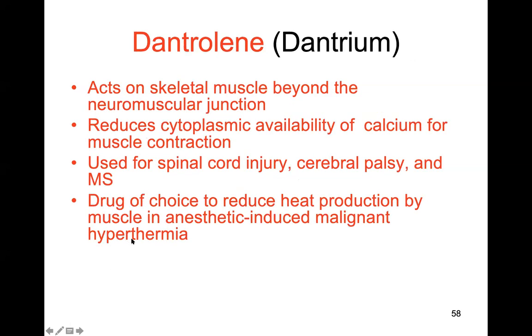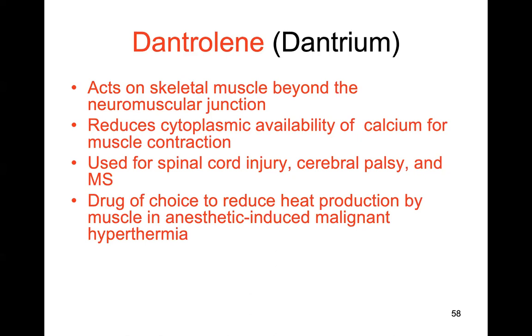Another drug is dantrolene, which actually acts on the skeletal muscle. It's acting distal to the neuromuscular junction, so it's not blocking that. What dantrolene does is act on calcium availability. It reduces the calcium in the cytoplasm.